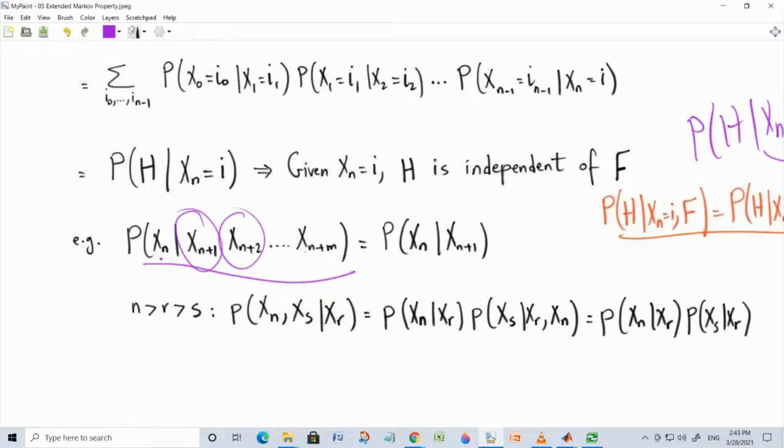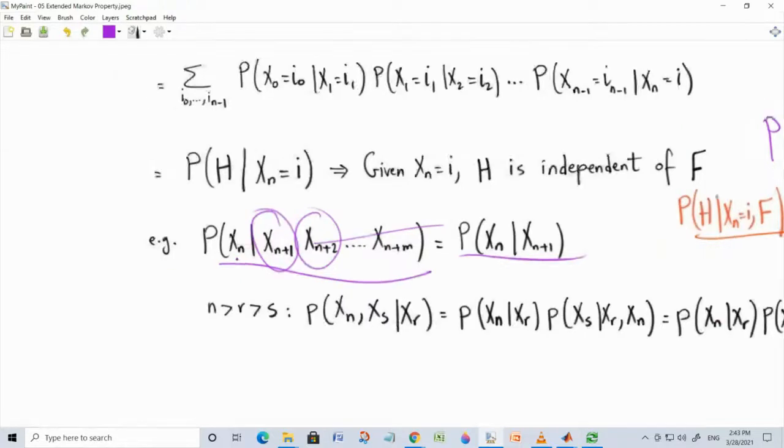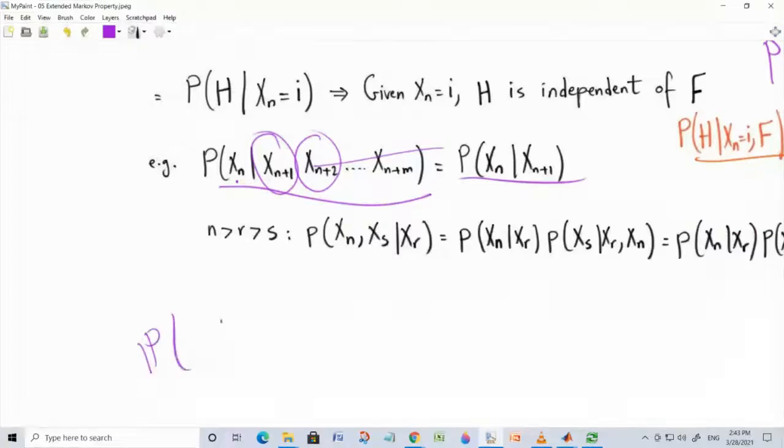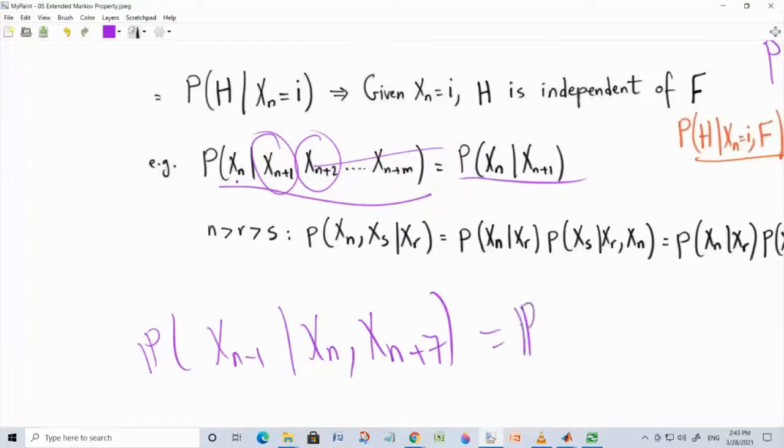The Markov property also works in that direction, and you can simply eliminate those, and you write this as x of n given x of n plus 1. Very important, right? So you have probability that x of n minus 1 given x of n and x of n plus 7. Well, this is the probability of x of n minus 1 given x of n. You can just eliminate this one.